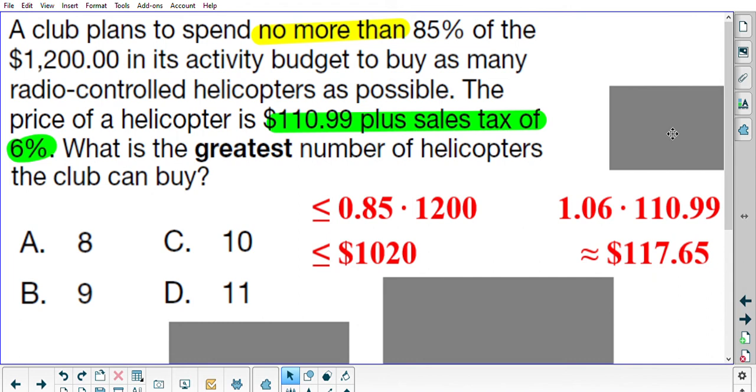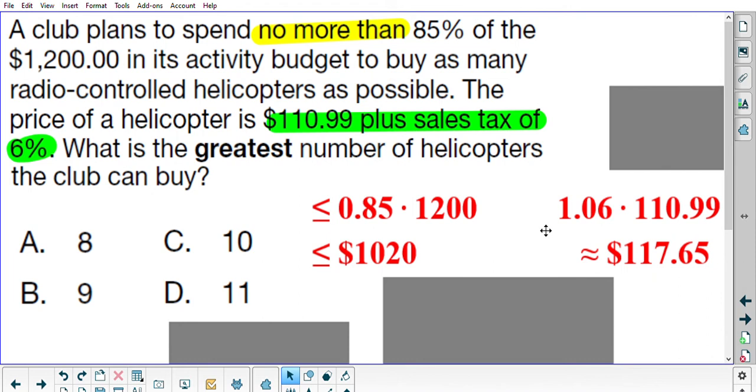But to me, that's the long way. It's so much quicker to understand that when there's 6% sales tax, you're going to pay 106% of the original price. So that's why I use 1.06 for 106% and multiply that times the original price. I find that to be a lot quicker.